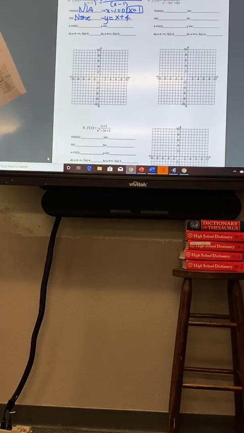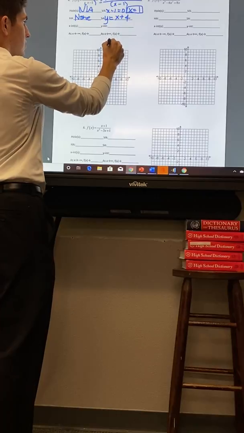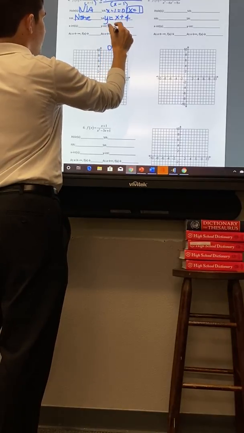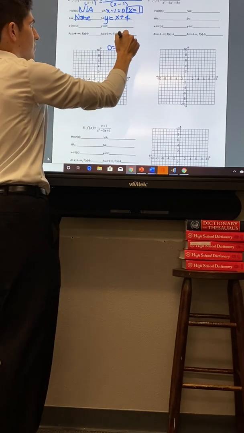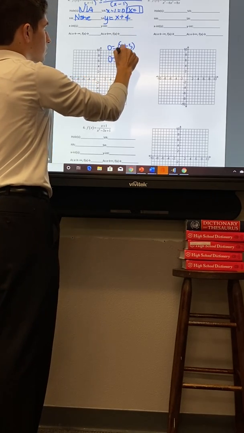So next we have x-intercepts. For our x-intercepts, we want to set our numerator equal to 0. So we have 0 equals x plus 5, and then 0 equals x minus 2. We've already simplified it down to this, so I might as well use it.